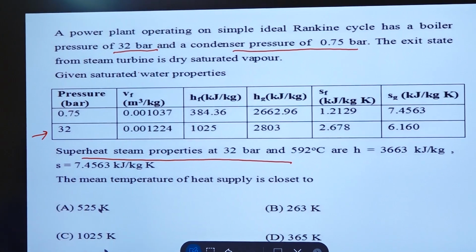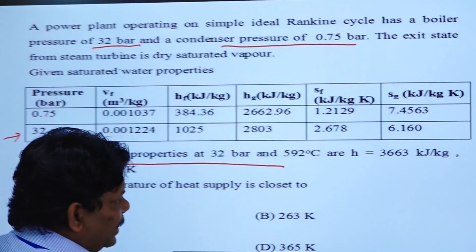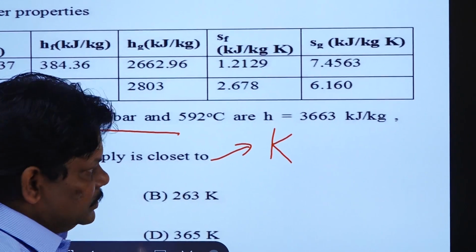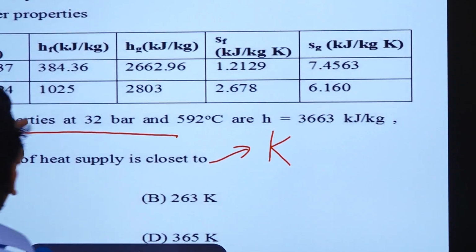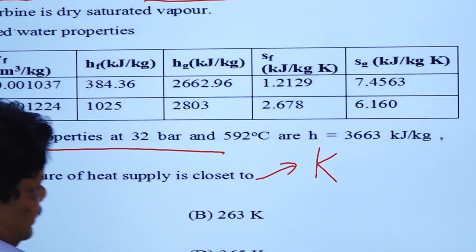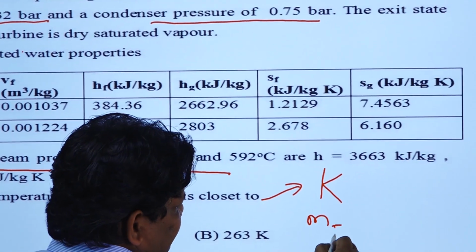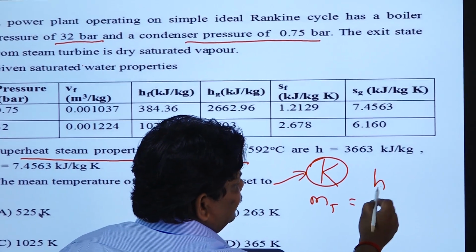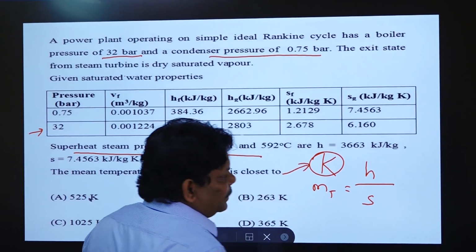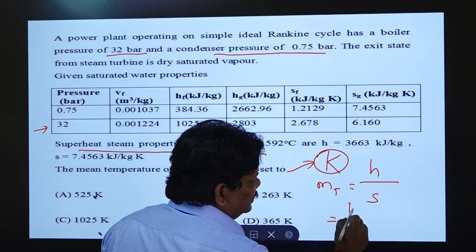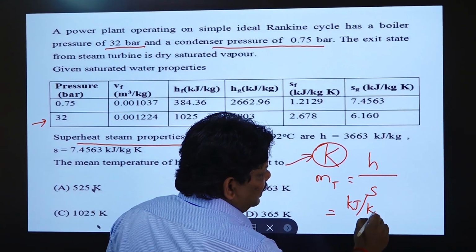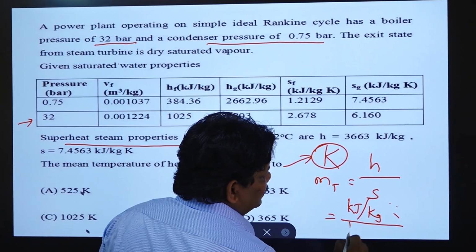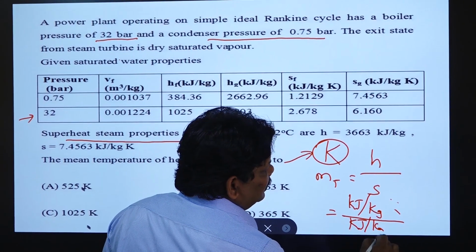You have to find the mean temperature of heat supply. The temperature will be in Kelvin. Based on this, how can you find the mean temperature? The mean temperature is equal to, it should be in Kelvin, the enthalpy divided by the entropy. Enthalpy is in kilojoule per kilogram, and entropy is in kilojoule per kilogram Kelvin.